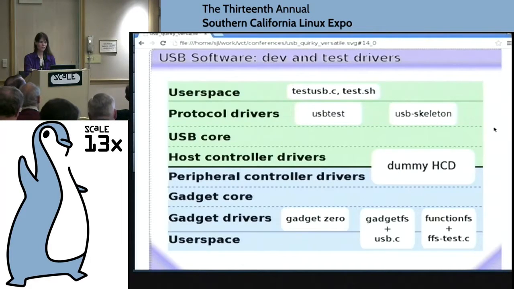So this can be a really great thing for testing your higher level drivers. Like say you're writing something that has libUSB and a custom protocol on the one side, and you have FunctionFS and your custom user space code on the other side. You can actually work on this on your big beefy desktop Linux machine instead of having to do the initial driver development with your target hooked up.